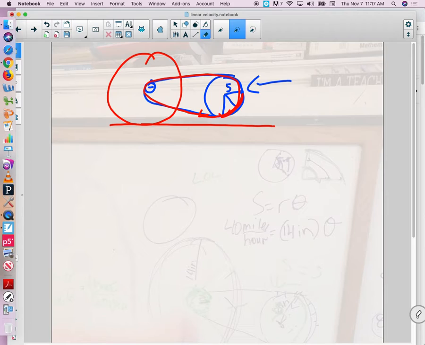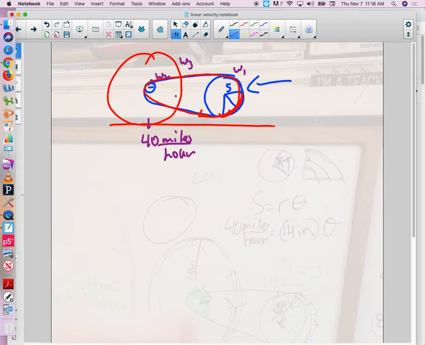It told you that the bike was going 40 miles an hour. And so you want to know how fast you've got to pedal to make your bike go 40 miles an hour. Which one of those things is really going 40 miles an hour? Is wheel 1, wheel 2, or wheel 3? Wheel 3, good. That's its S. Isn't it starting to roll along the ground like this?